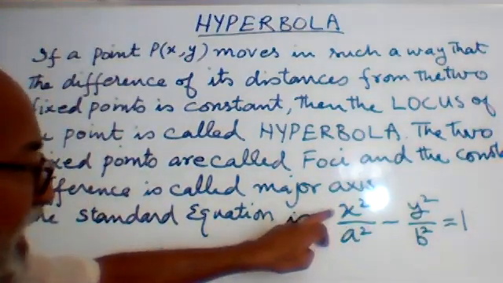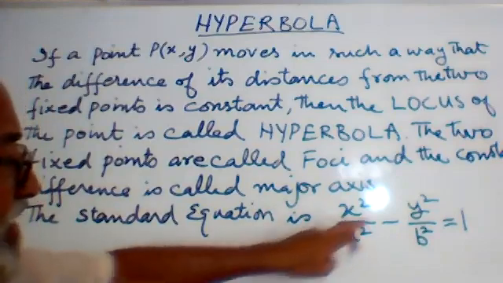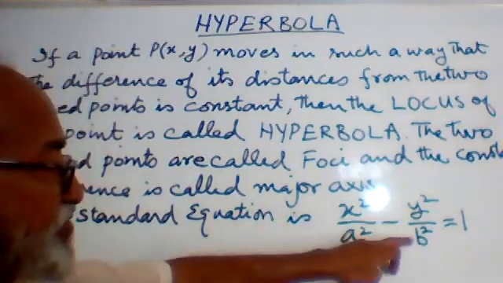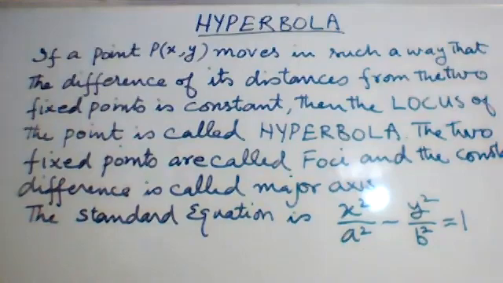Here y square upon a square may also come first, and then minus x square upon b square equal to 1. But there must be a minus sign in between them. If there is a minus sign in between them, it will be the equation of a hyperbola. If there is a plus sign in between them, it will be the equation of an ellipse.